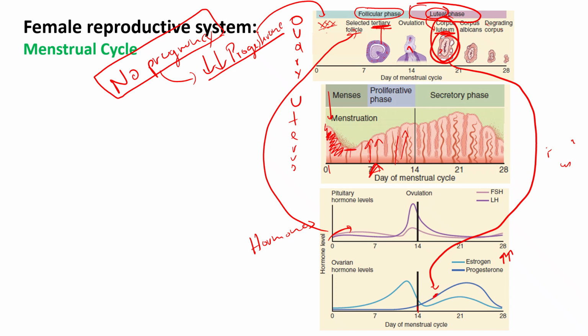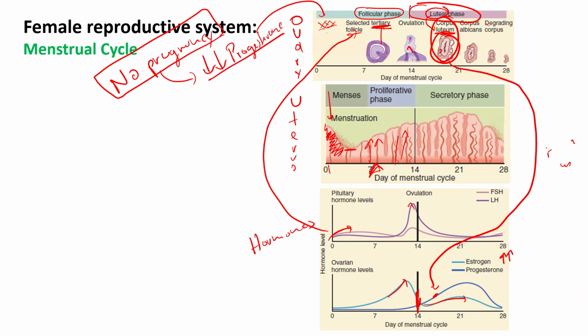Notice what happens before ovulation. We have the LH peak that triggers ovulation, but also look at estrogen. Estrogen prior to ovulation was very high. Look at what happened with estrogen post-ovulation: the levels become a little bit lower.